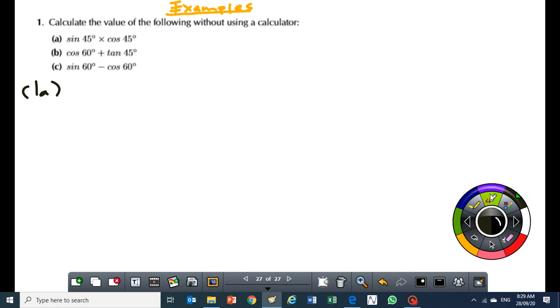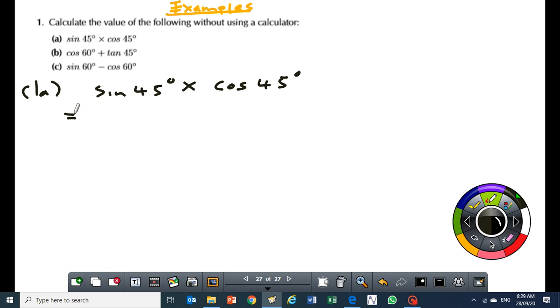So sine 45 degrees times cos 45 degrees. This is equal to, now sine 45 is equal to 1 divided by square root of 2. If you use your calculator it will say square root of 2 over 2. They are the same, but you're not supposed to use the calculator.